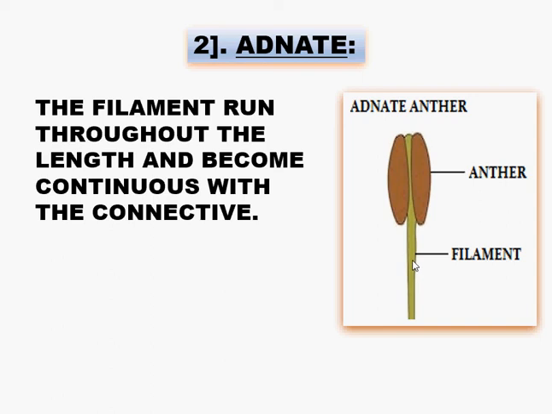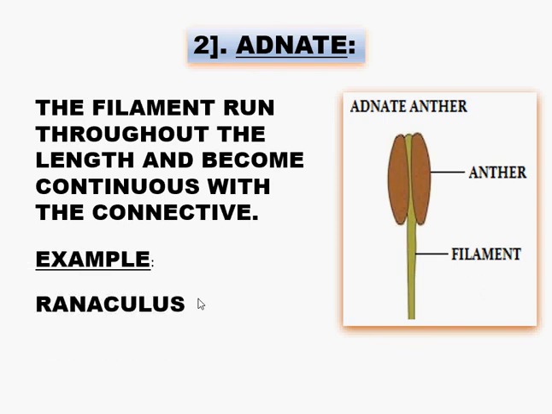We can observe the difference between this and the previous one. The filament is continuous throughout the anther and becomes continuous with the connective. Such type of fixation is called adnate. Example, Ranunculus, Magnolia.